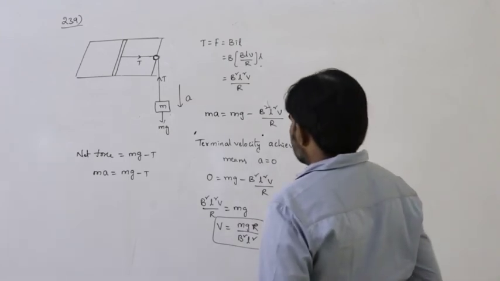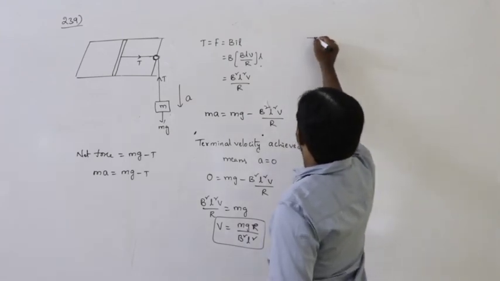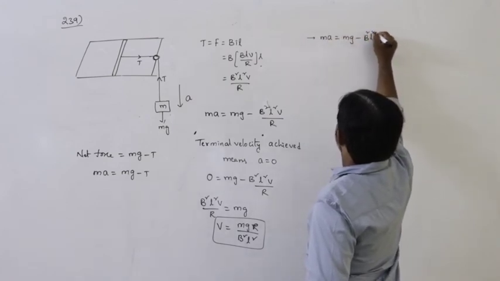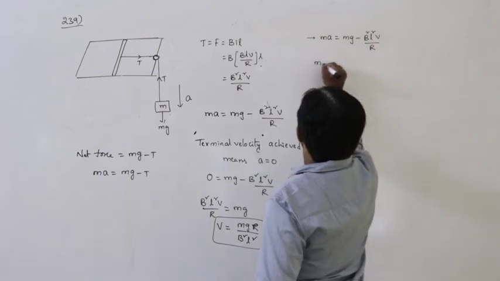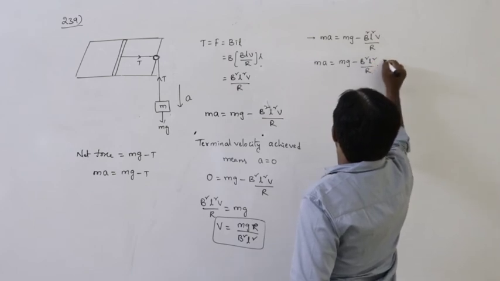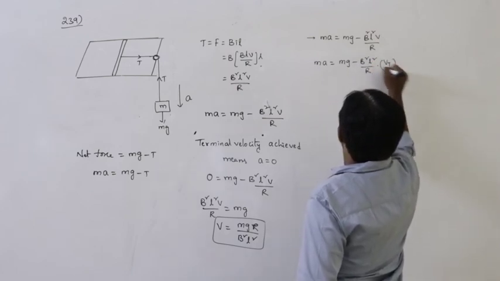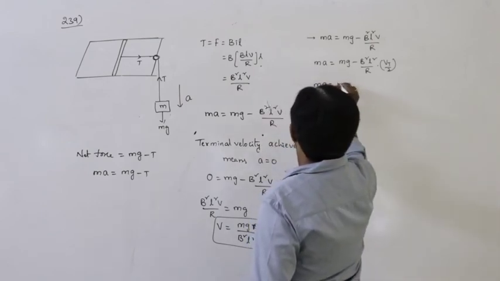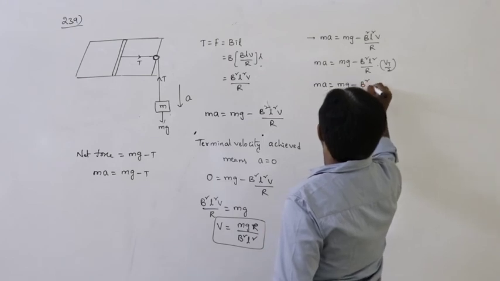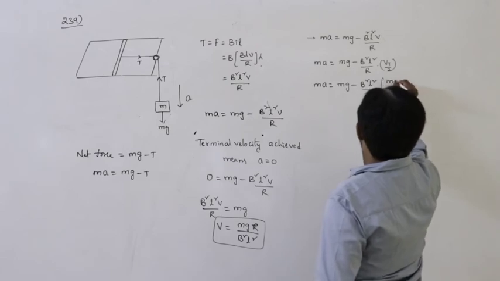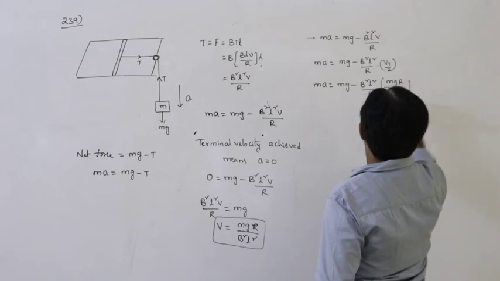Again MA is equal to mg minus B square L square V by R, with V equal to the terminal velocity by 2. So MA is equal to mg minus B square L square by R into the terminal velocity, which is mg R by 2B square L square.